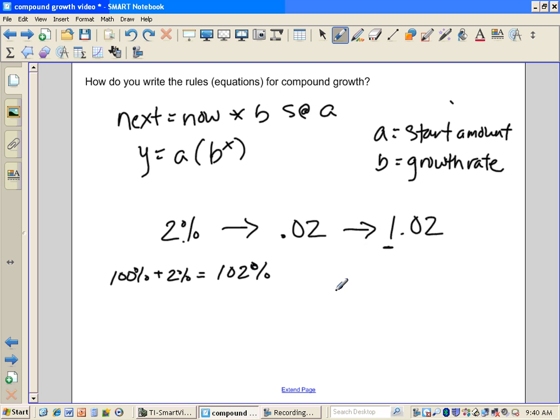So by adding the 1 in front, it allows us to add the percent onto the original amount. So for you, that means you just need to remember to make sure you have the 1 when you change a percent to the decimal. You have that adding that 1 in there, so it gets added onto the original amount.